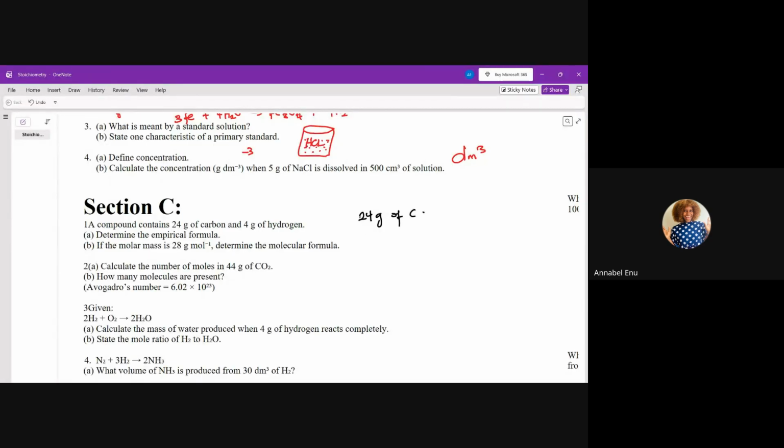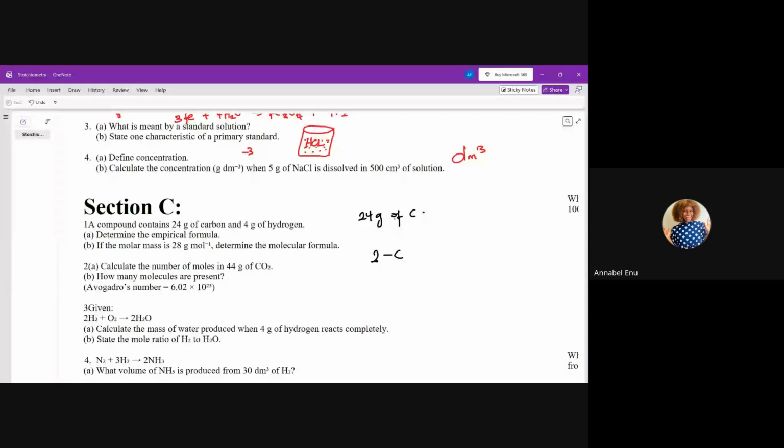So this 24 is double of 12. So in essence, for this empirical formula, we are having two carbons. And then for hydrogen, we know that the mass of hydrogen is just one.